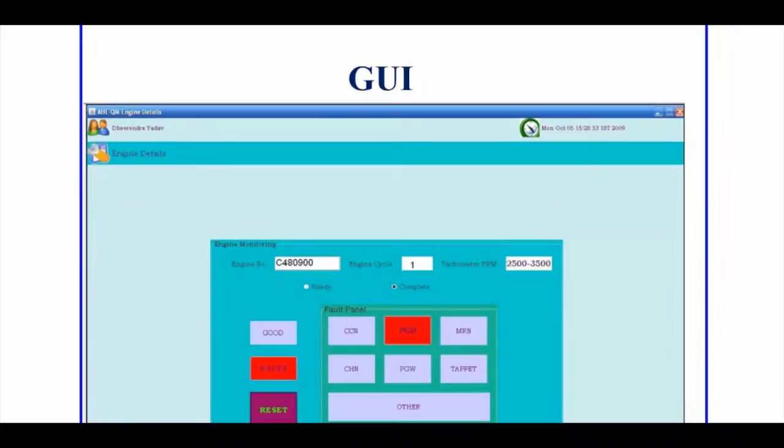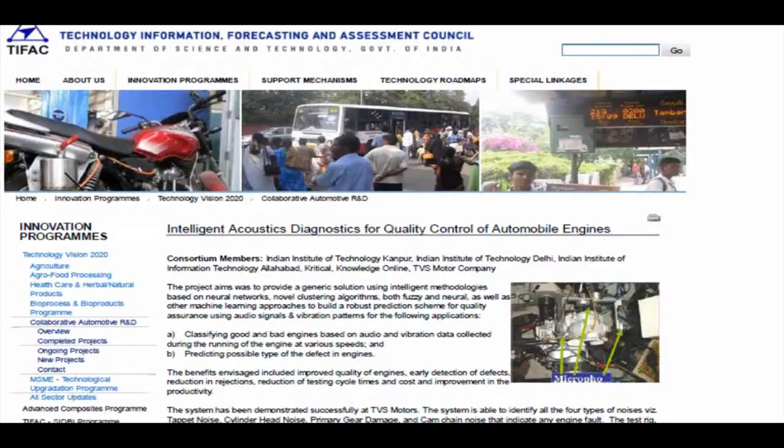So they were very happy, and in 1.5 years we developed this solution, and everything is automated, so they are using it. At manufacturing time, they are predicting the health of the engine, and if there is some fault, they are rectifying it. Otherwise, these faults were going to the customers, and the customers were reporting and claiming back, and then they had to invest lots of money to investigate the overall thing.